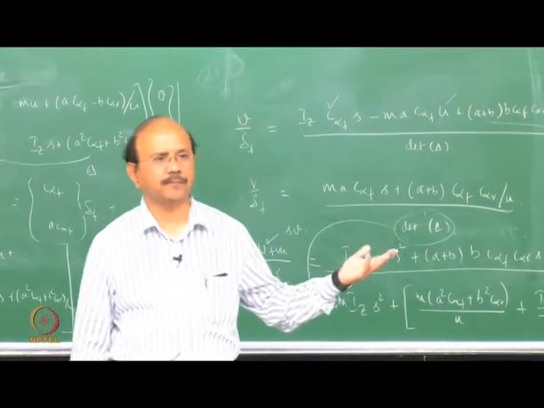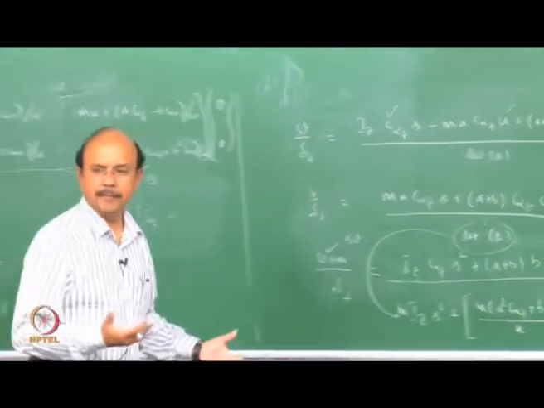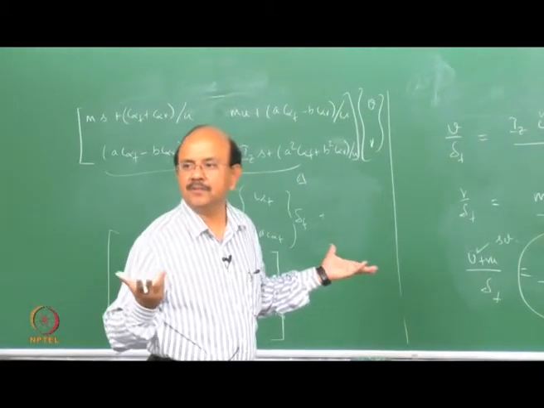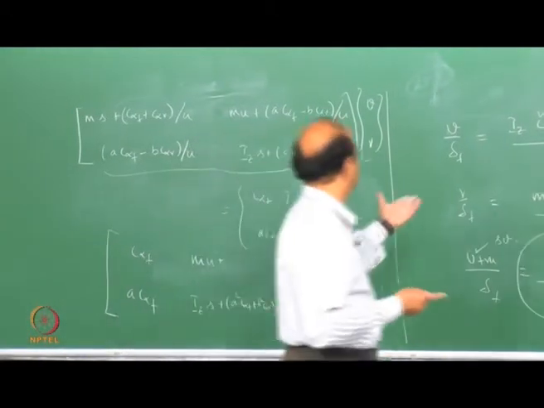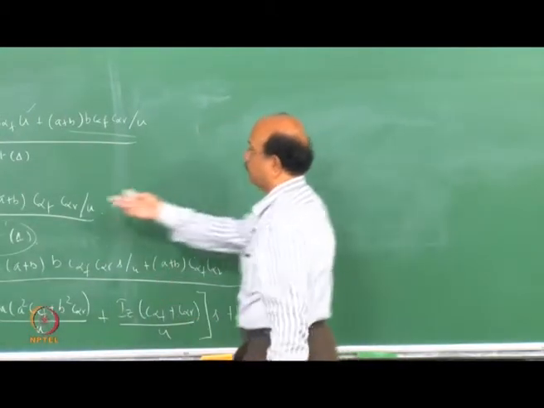This is nothing but the transfer function. So when do you call this a steady state gain? When s is equal to 0, that's all. So that means that in r by delta f, this term will go off.